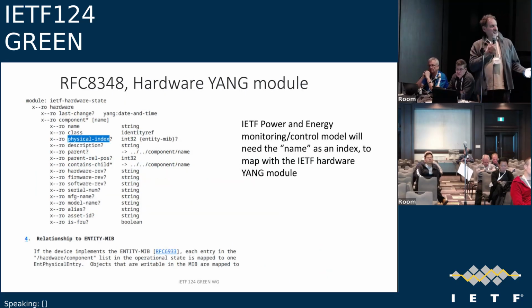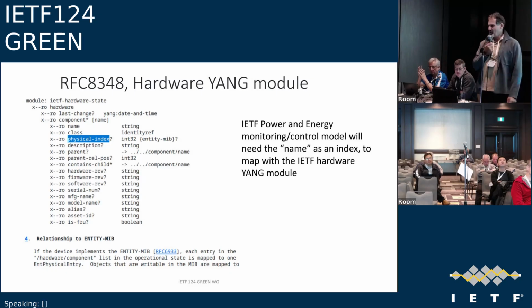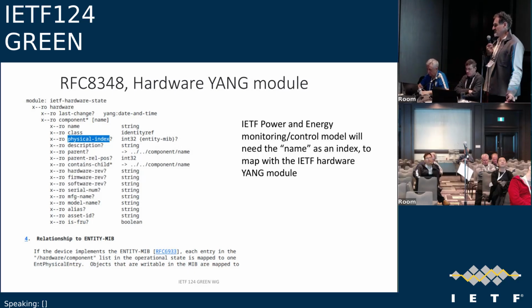So the hardware YANG module has an index there, that's a name. So we will not have the entity physical index from the entity MIB, but we want to link to the name which is there. And by the way, let's assume that you have a router that also supports the entity MIB. It means that if I support the entity MIB, I will have an integer there, which is the entity physical index from the MIB.